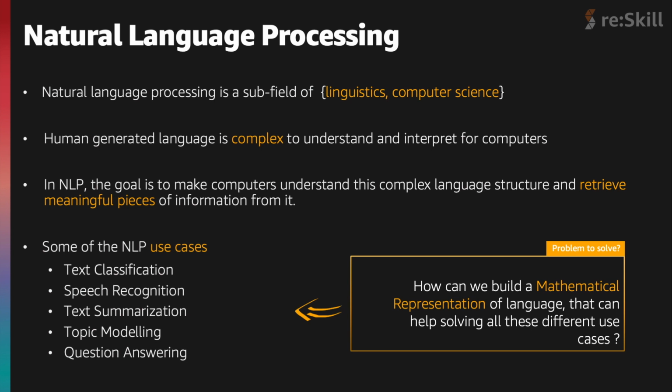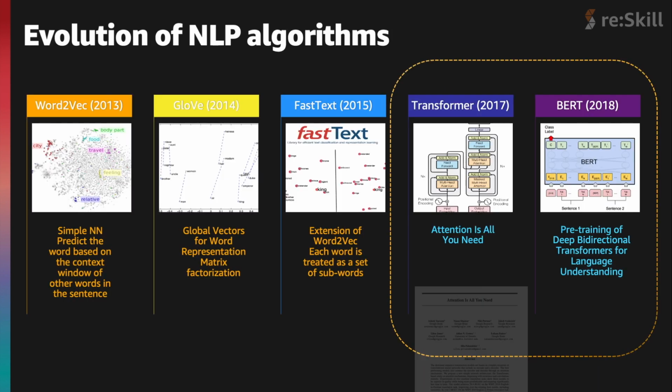In NLP, the goal is to make computers understand this complex language structure and retrieve meaningful information from it, so that it can solve some complex problems like text classification, speech recognition, and so on. If we look at the history of NLP, we already know many popular word vector models like word2vec, GloVe, and fastText. But the major breakthrough happened in the last couple of years.